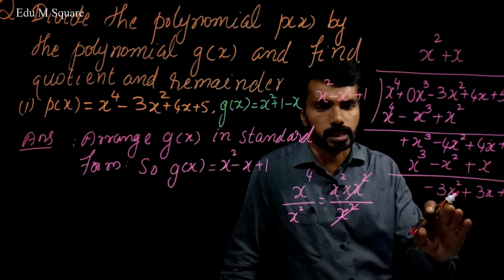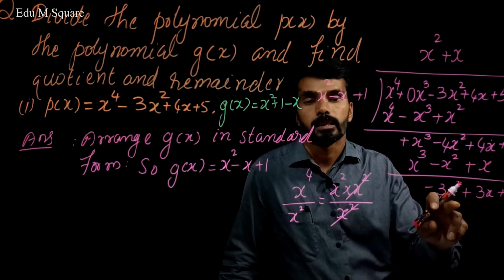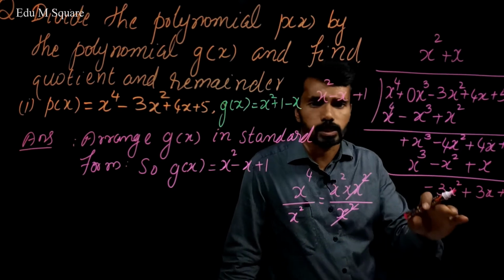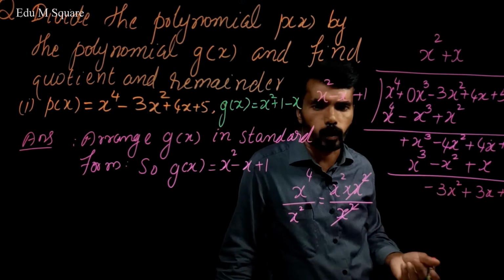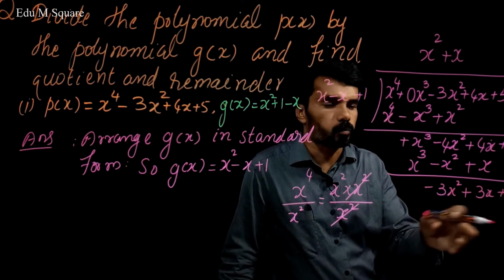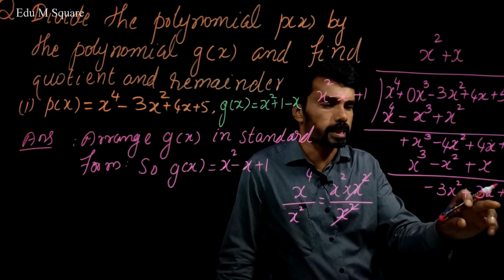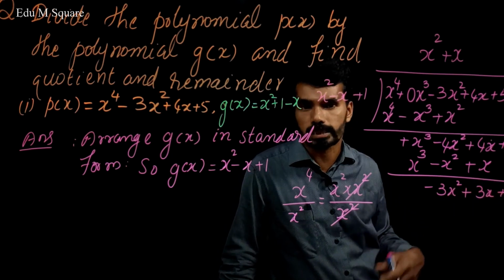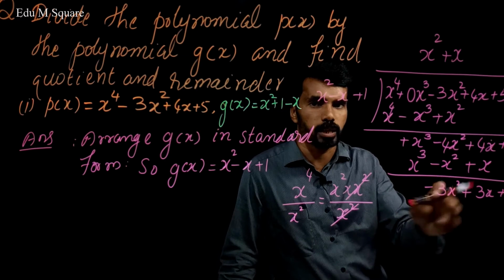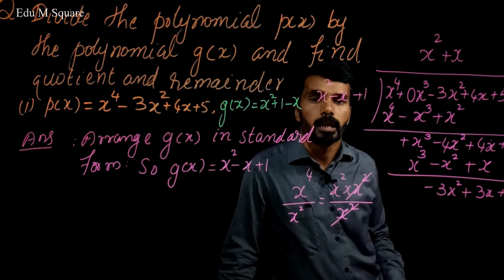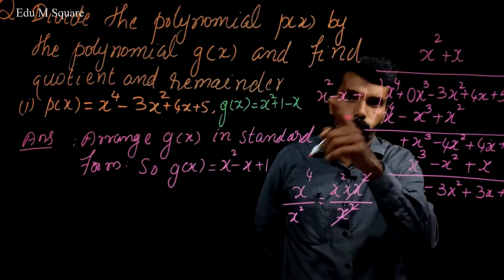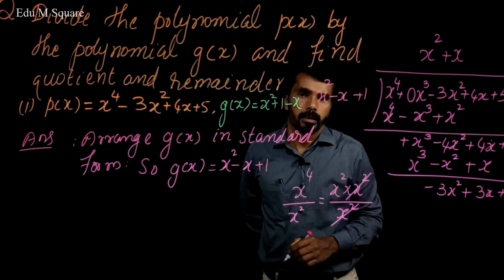Now again we check the degree of this remainder and the degree of the divisor, which is not less than the degree of the divisor, so we continue the division process. Again we consider this minus 3x square plus 3x plus 5 as the new dividend, so we divide the first term of this new dividend by the first term of the divisor. So minus 3x square divided by x square.